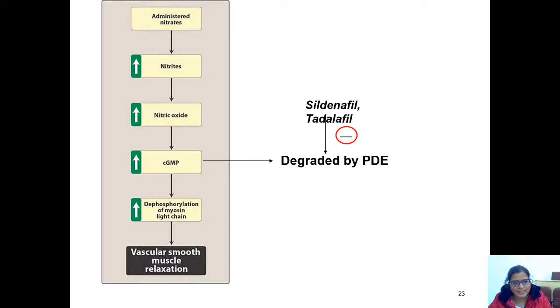Now this cyclic GMP is degraded by phosphodiesterase, and the drug tadalafil is a phosphodiesterase inhibitor. So when cyclic GMP is not degraded, it of course accumulates, and it will cause more downstream effects.